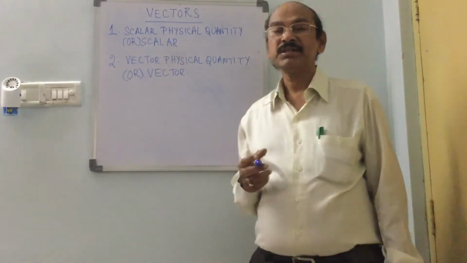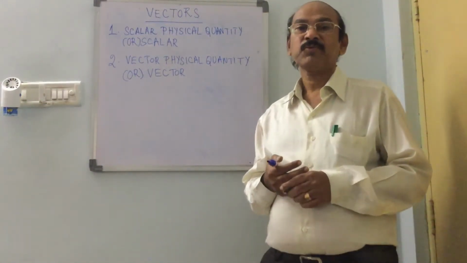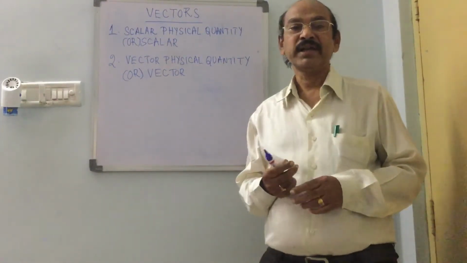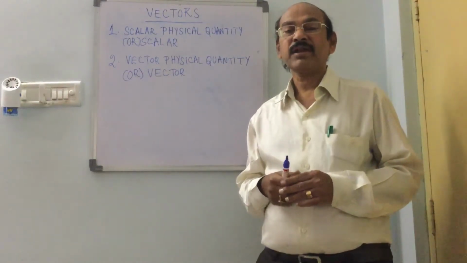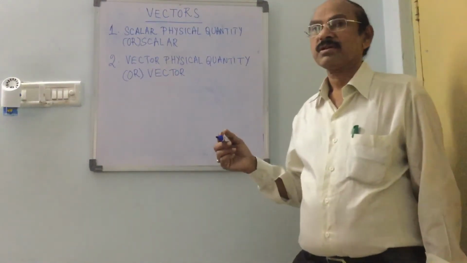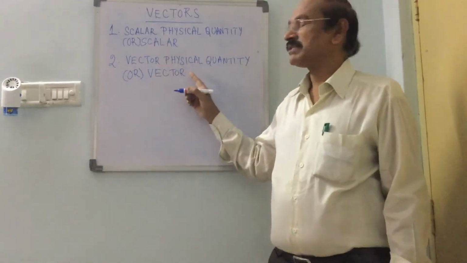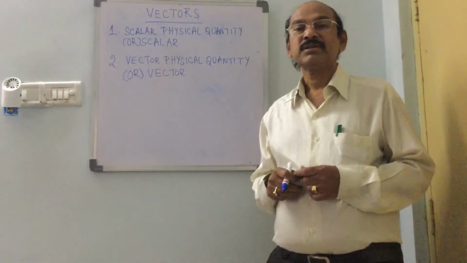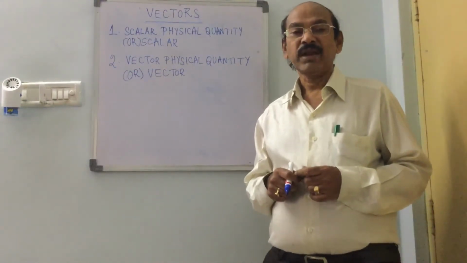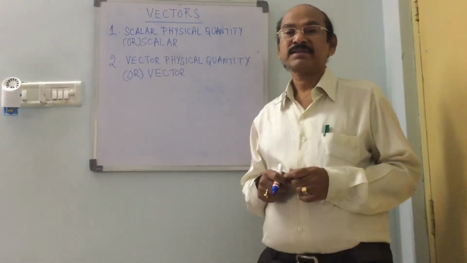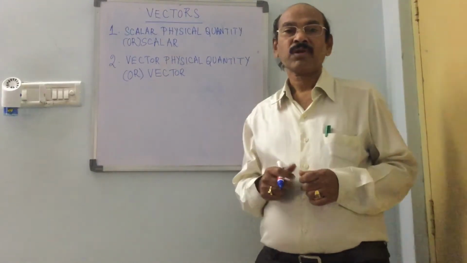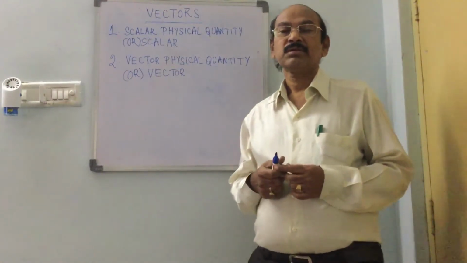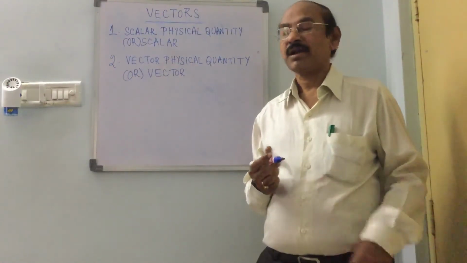The physical quantities which have both magnitude and direction and obey the parallelogram addition law are known as vector physical quantities. Some examples for vectors are displacement, velocity, force, acceleration, torque, angular momentum, etc.